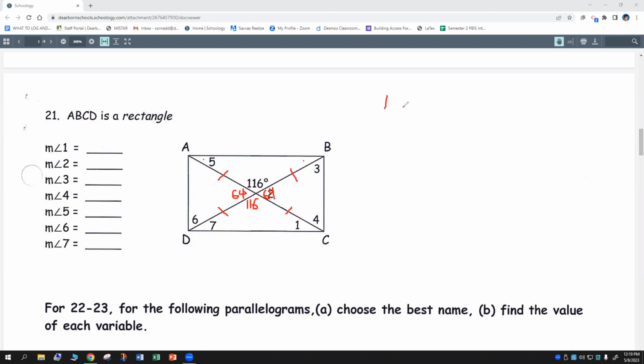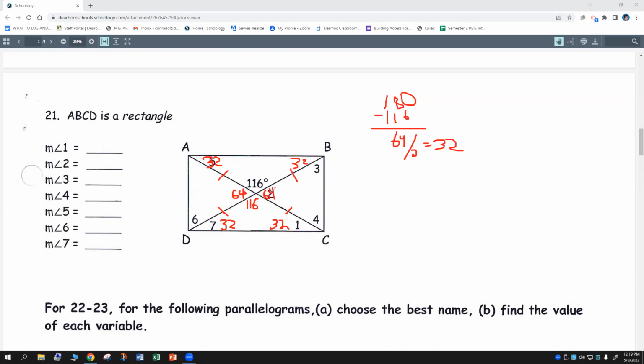So I'm going to do 180 minus 116, which gives me 64, and then cut that in half. 64 divided by 2 is 32. So we should have 32, 32, and then 32, 32.